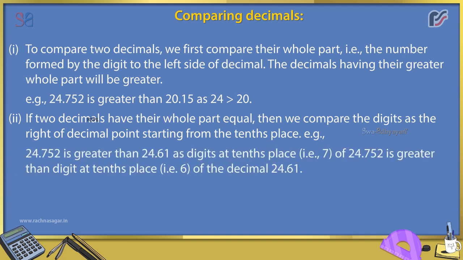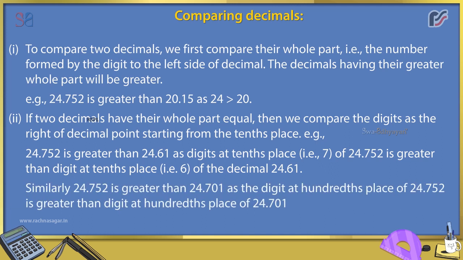Example: 24.752 is greater than 24.61, as the digit at the 10th place, that is 7, of 24.752 is greater than the digit at the 10th place, that is 6, of the decimal 24.61.